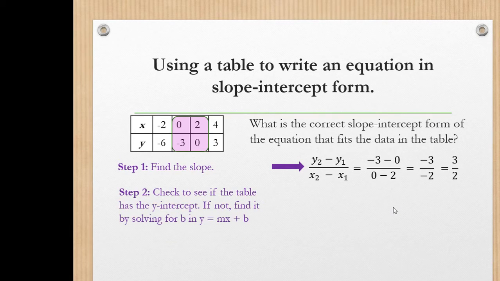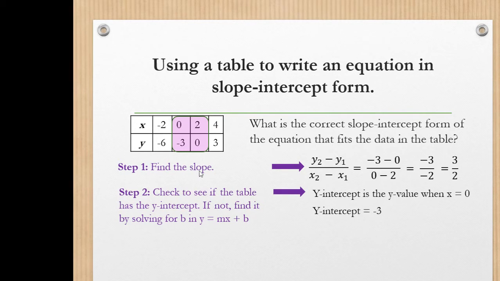Second step is to check to see if the table has the y-intercept. If it does not, we're going to find it by solving for b in y equals mx plus b, like we did in the previous slide. However, if you look at the table, there's x equals 0, right? Because the y-intercept is the y value when x equals 0.